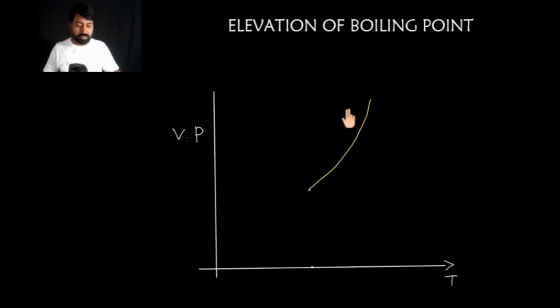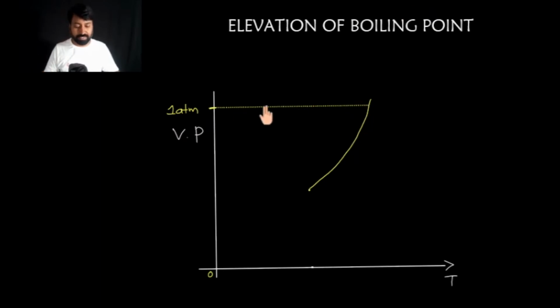So this is 0, and here we have the vapor pressure equal to 1 atm, 1 atmospheric pressure. Let me draw a line here. This is a line that corresponds to 1 atmospheric pressure.